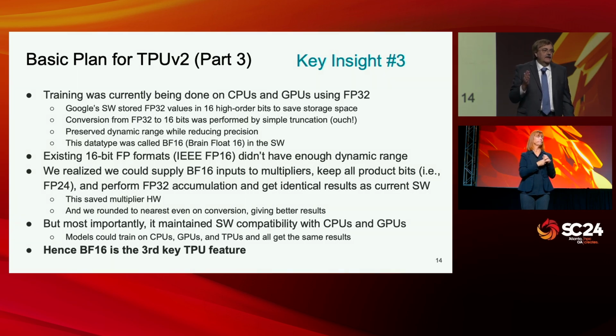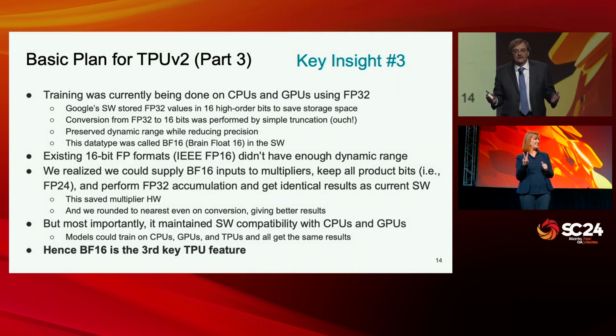And what they did for the conversion to 16 bits, brace yourself here, was performed by simple truncation. So I know any numerical analysts here, you comfort them. This preserved the dynamic range while reducing precision. And they called this data type bfloat16 in the software. And it worked. So you can't really complain about the truncation that much.